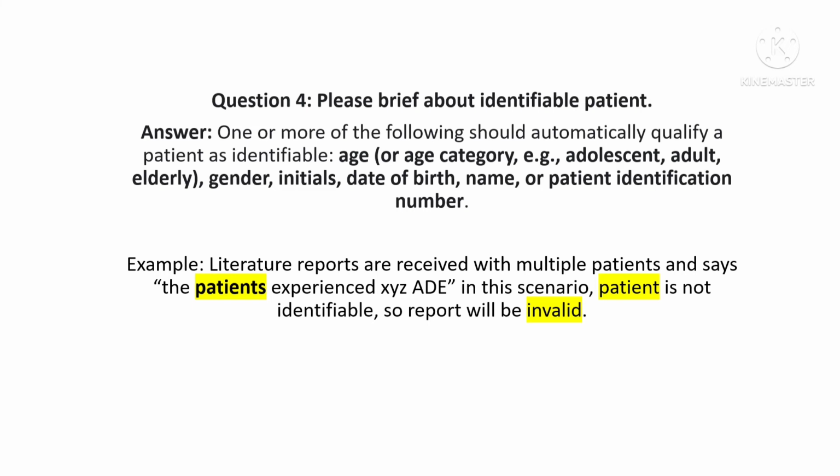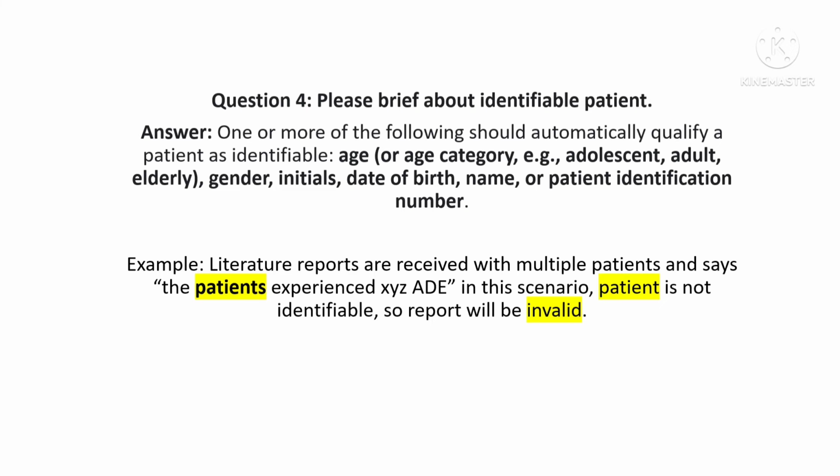In this scenario, the patient is not identifiable, so the report will be invalid. If the report says that a male patient experienced it, then there is an identity of a male patient, and that report will be valid. But if there is no identity, we cannot consider it a valid patient and the case will turn invalid or non-valid.